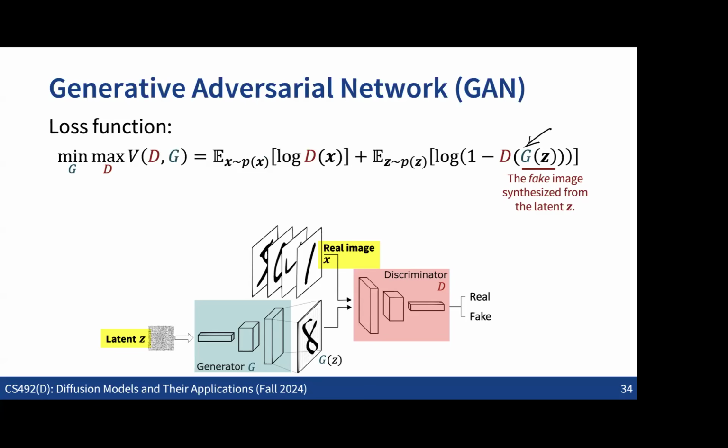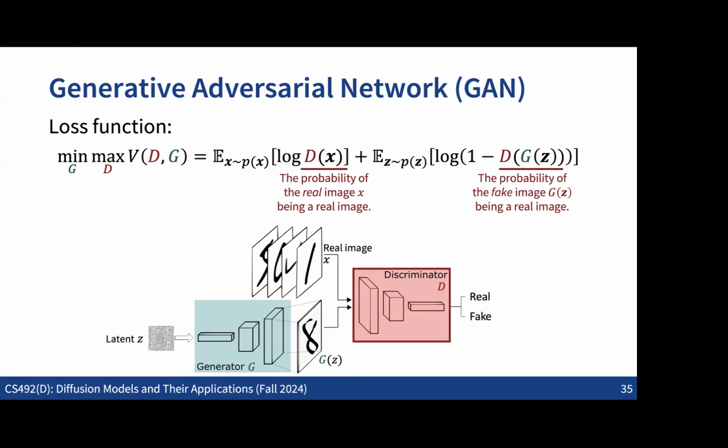So G(z) is the fake image here. And given this, we also have the discriminator D, which measures the probability of the real image, or how likely the input image is a real image, right? So D(x) is the probability for the given sample of the real image, and D(G(z)) is the probability of the realism of the given synthesized fake image, right?